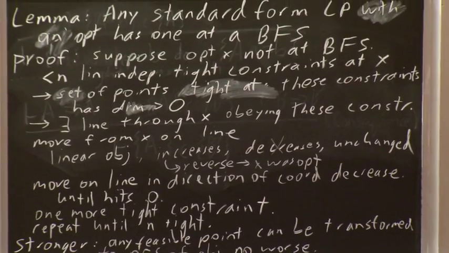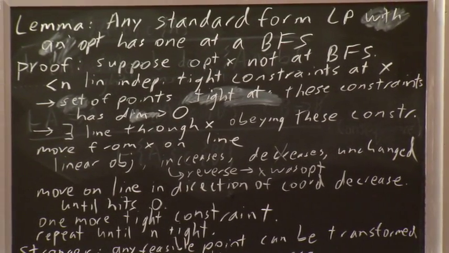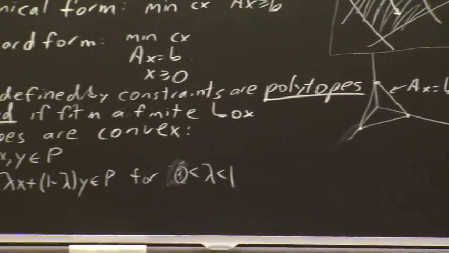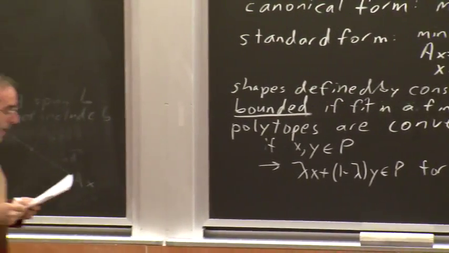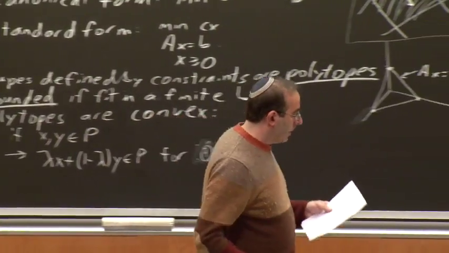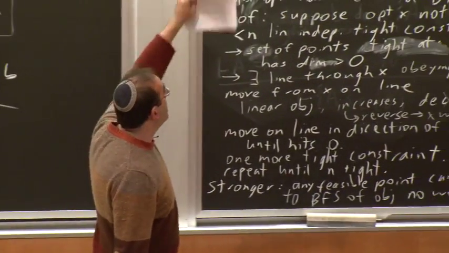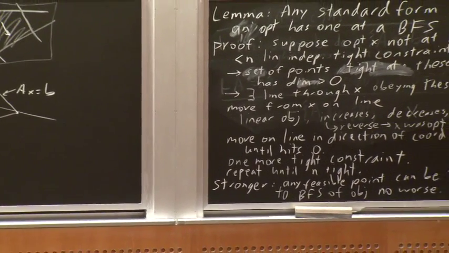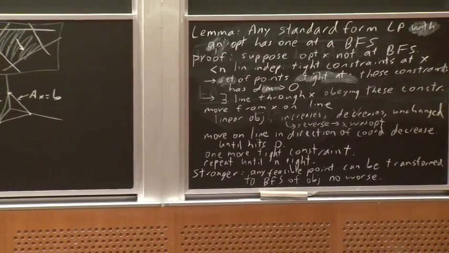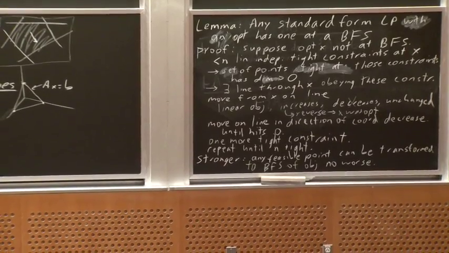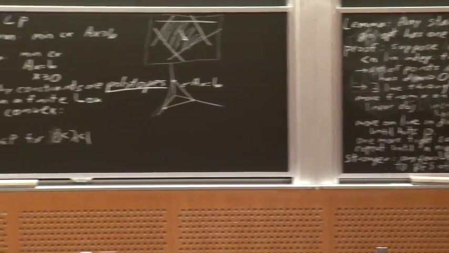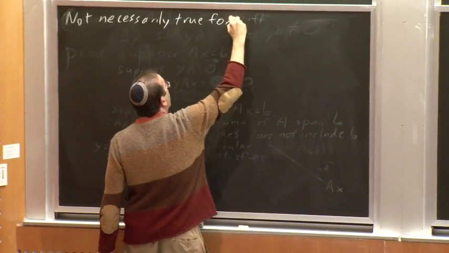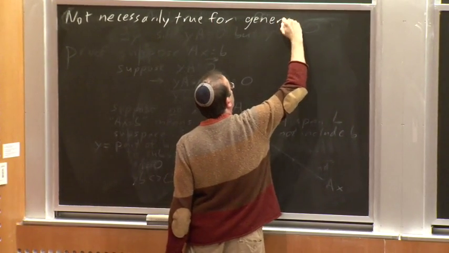So this is pretty nice to prove that any standard form LP has a solution at a basic feasible solution. Now it's worth noticing that this is not necessarily true for general linear programming.